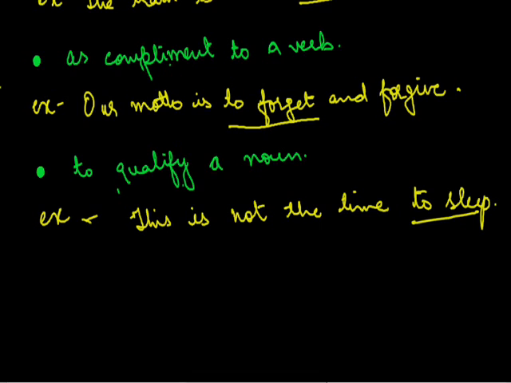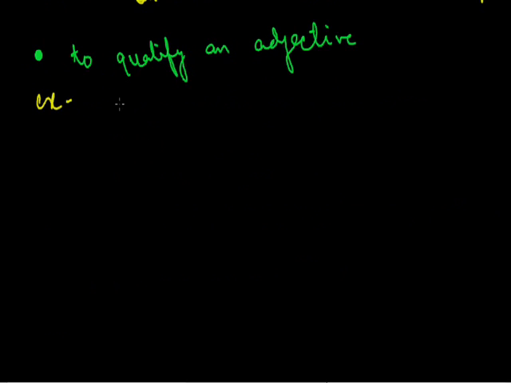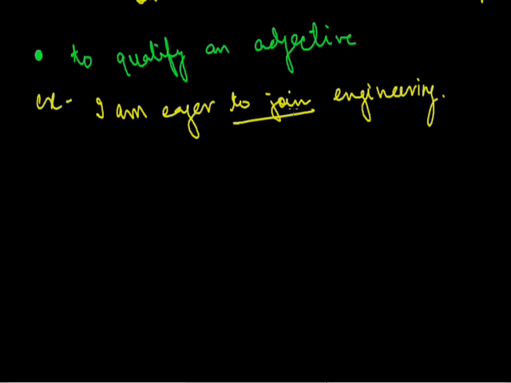Next is to qualify a verb to express purpose, cause or manner, and to qualify an adjective. For example, I am eager to join engineering. So 'to join' is qualifying the adjective eager.